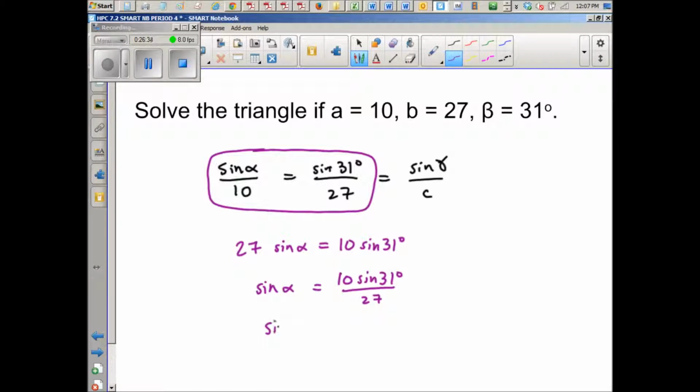Okay, let's get the calculator out and try to find 10 sine 31 over 27. So I'm getting sine alpha equals 0.1908.